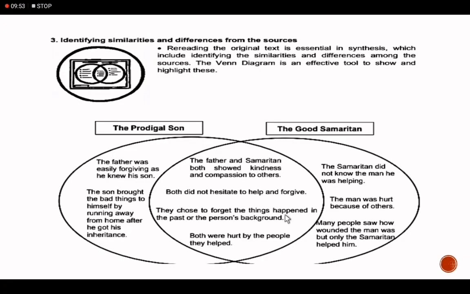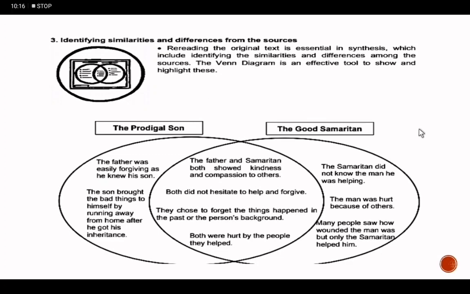Number 3, identifying similarities and differences from the sources. So we use a Venn diagram to do so. Prodigal son, Good Samaritan. Here are the differences, on the left and right side. And in the middle, we write their similarities.